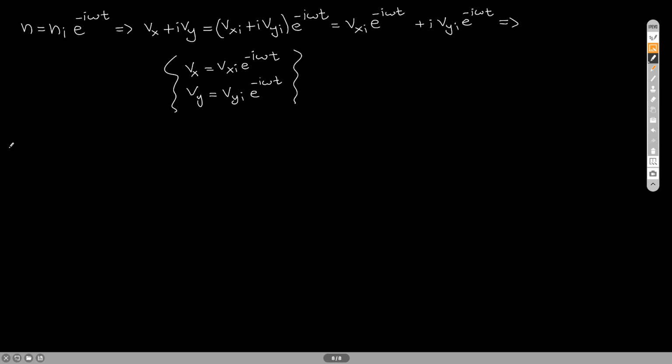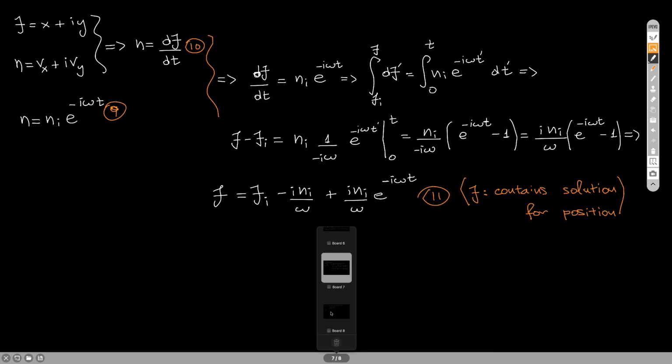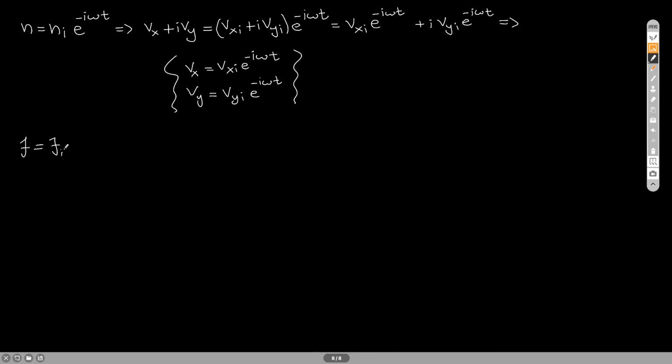And I can do the same thing now with my solution for xi. What I had was xi equals xi initial. Now I forgot, so I need to go back to my solution: xi initial, minus i eta initial over omega, plus i eta initial over omega, e to the minus i omega t.